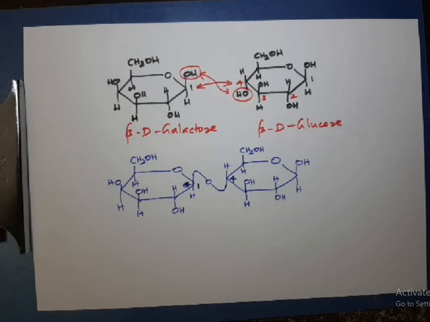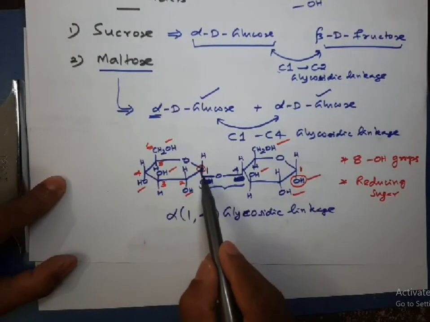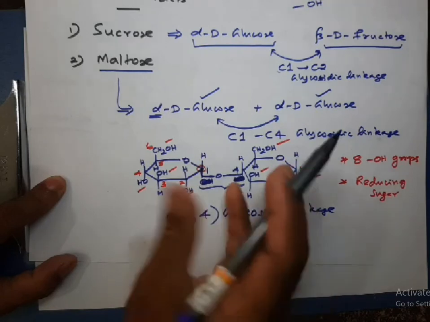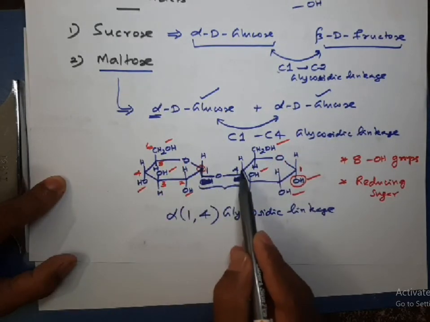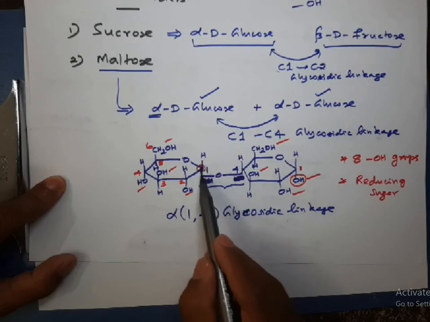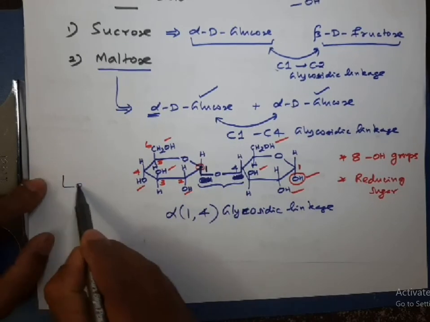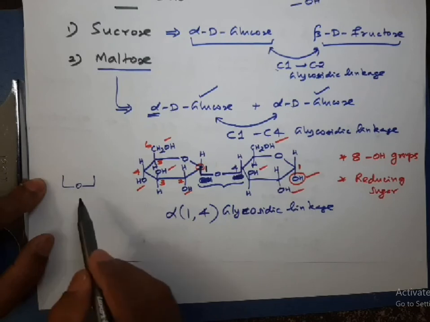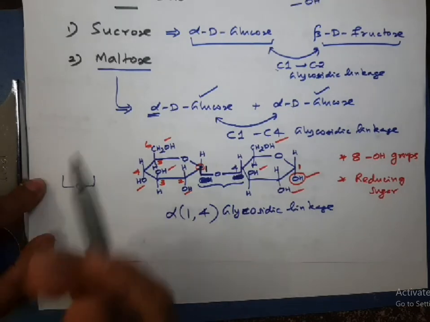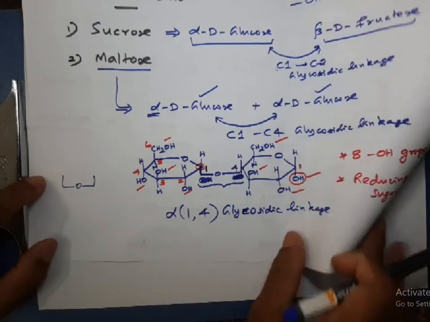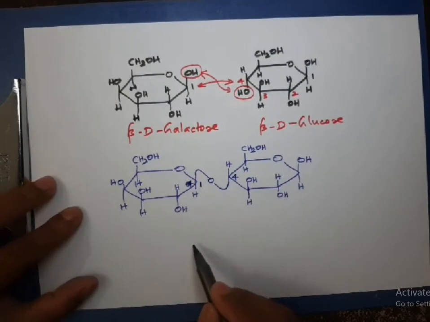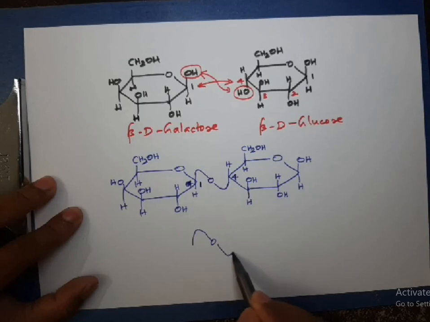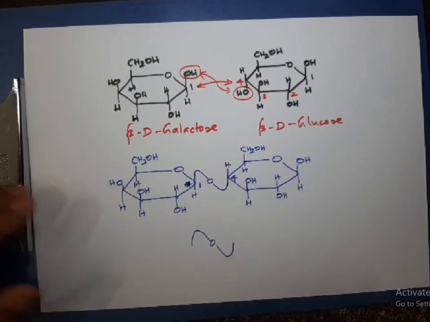Students, observe carefully. In an alpha glycosidic linkage, we draw in Haworth projection, the usual way of drawing the structure. In Haworth projection, the bond will be like this, it will have this type of shape. If you have bonds like this, it is usually called alpha, whereas if the glycosidic linkage exists like this, then it is beta.